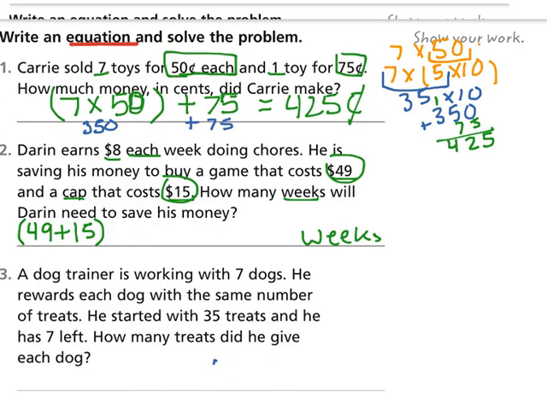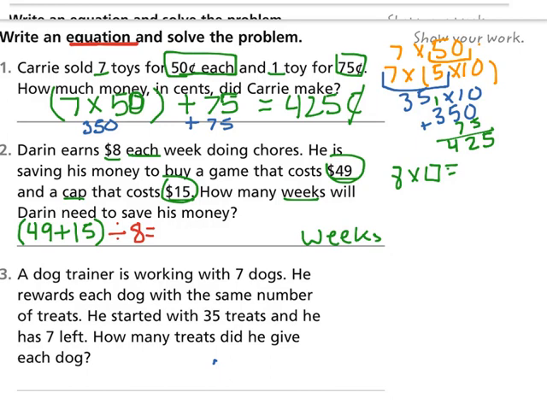And if he makes the same amount each week, it'll be 8 times whatever the amount of weeks is equals that number, 49 plus 15. So the opposite of that is division. So then we can go ahead and have that number divided by 8, the amount of money he'll make in each week, and then we'll figure out the number of weeks.